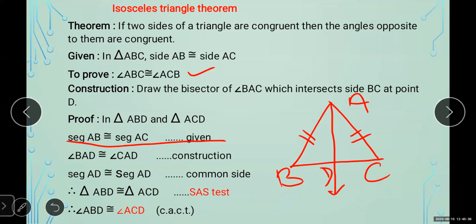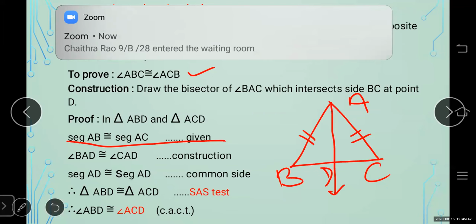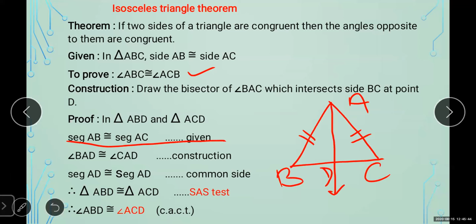Then by construction, angle BAD and angle CAD. Then what is the reason? Because we drew the bisector of an angle. If this is angle A, we draw the bisector. If angle A is 60, then after drawing the bisector this becomes 30 and this becomes 30. That means they are congruent. Yes, they are congruent.